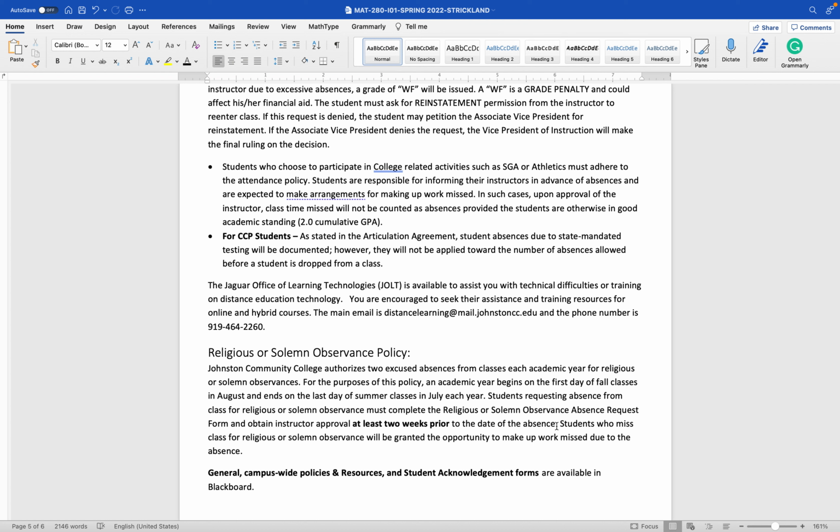In such cases, upon approval of the instructor, class time missed will not be counted as absences provided the students are otherwise in good academic standing. And for CCP students, as stated in the articulation agreement, student absences due to state-mandated testing will be documented. However, they will not be applied toward the number of absences allowed before a student is dropped from a class.